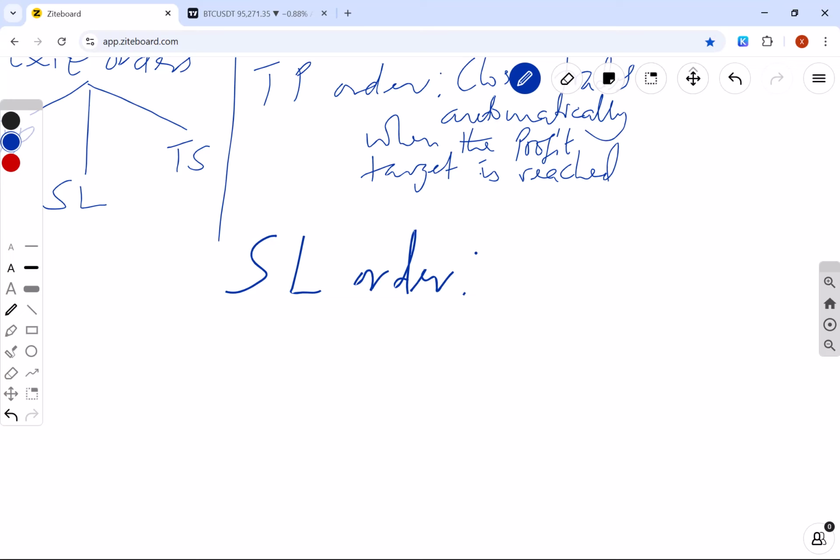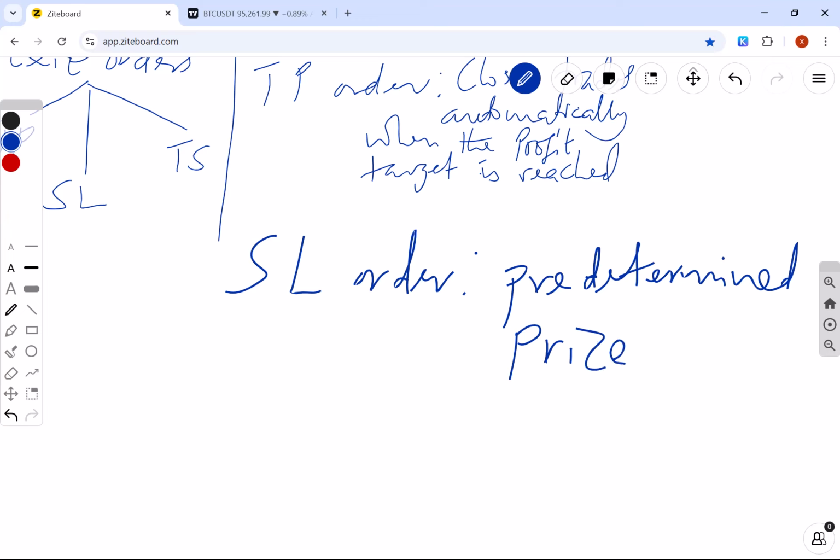So this one is set to close orders automatically with a predetermined price to limit losses. You get it? So SL limits losses and TP triggers automatically when a profit level has been reached.